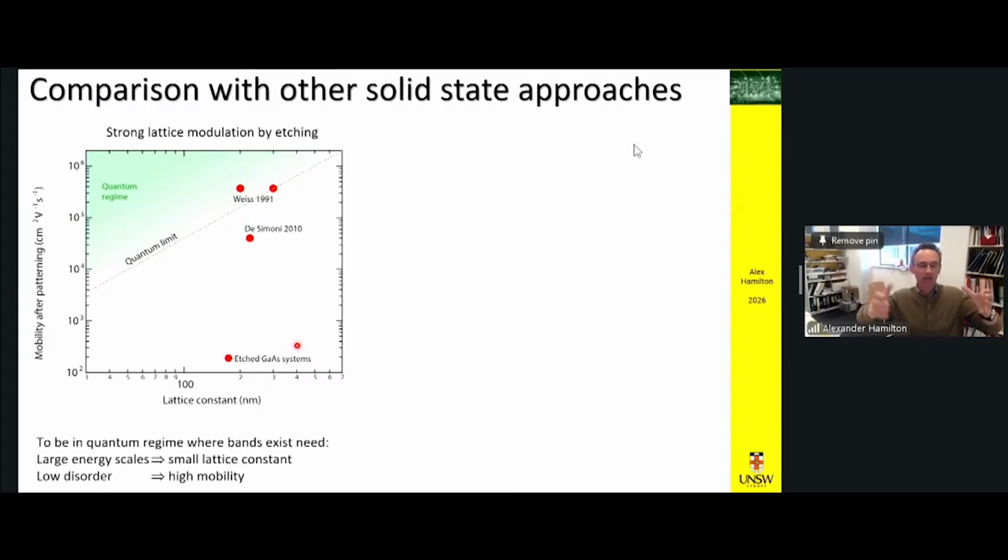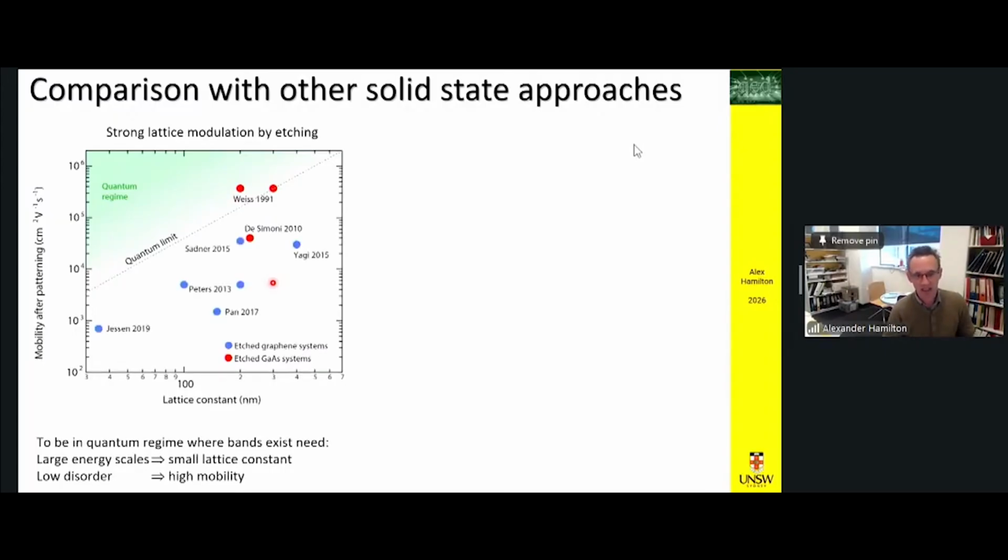If the disorder scattering length is small compared to the lattice constant, so the scattering length we can parameterize through the mobility, then you're in this region down here, and this is really a kind of classical limit. So for gallium arsenide systems, pretty much all work has been done in the rather disordered limit, where the electrons don't really notice the lattice that strongly.